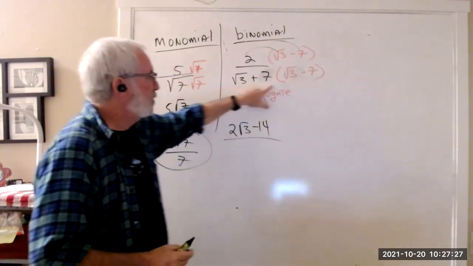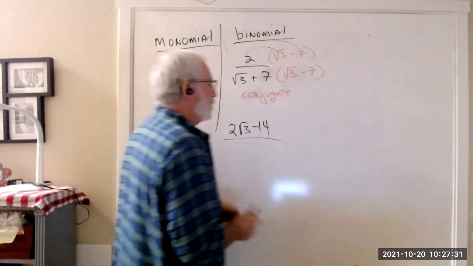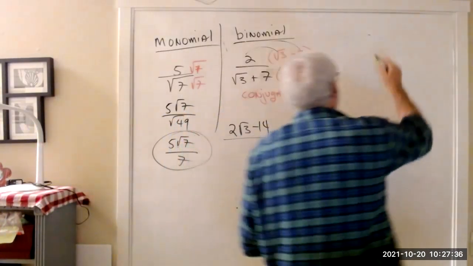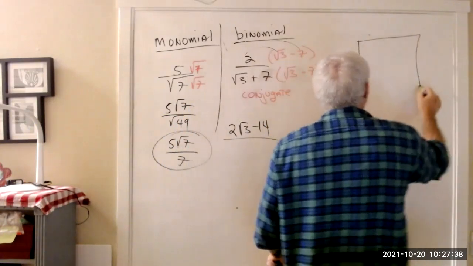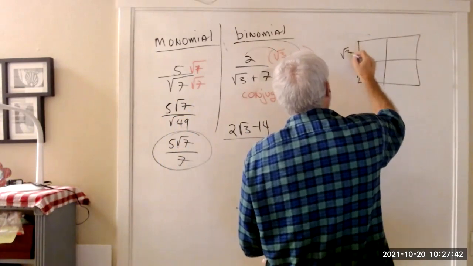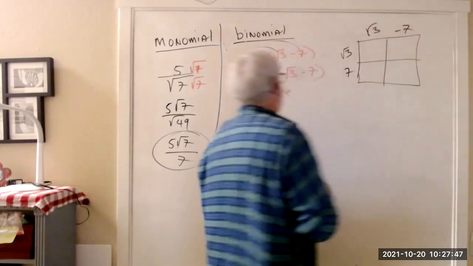But you have to multiply these 2 together. And the only way to do it, well, actually, some of you may have found a trick. There is a trick way, but if you go back to our matrix: square root of 3 plus 7 times square root of 3 minus 7.